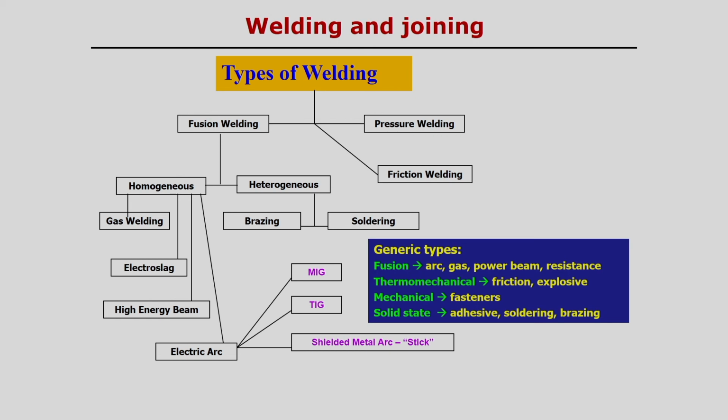Then power beam, for example laser and electron beam, also comes under the fusion welding category, and resistance spot welding or resistance welding also comes under the fusion welding category. So, all are fusion welding processes, but we use different types of sources. One is electric arc, another is simply gas, another is laser source. We can use different sources.